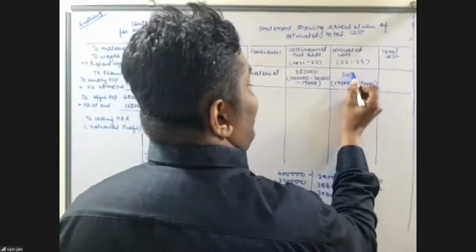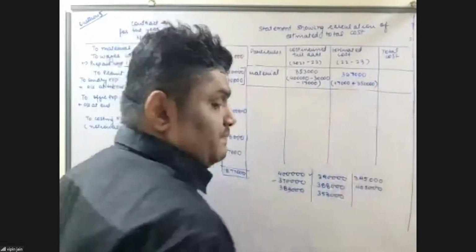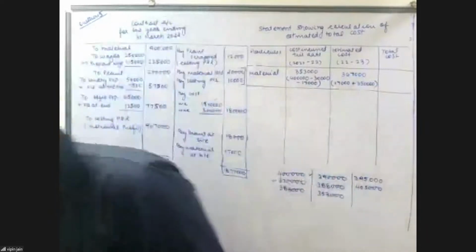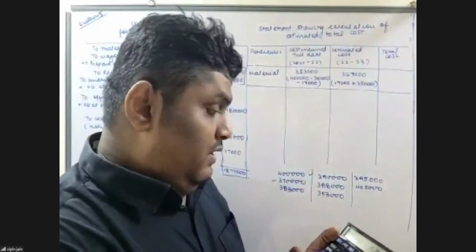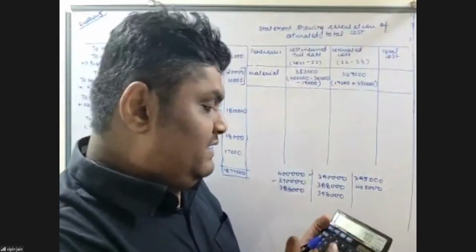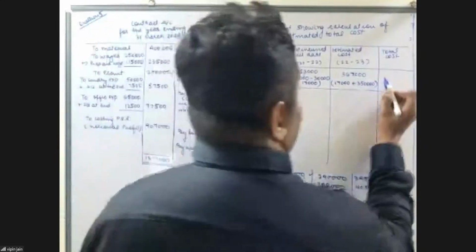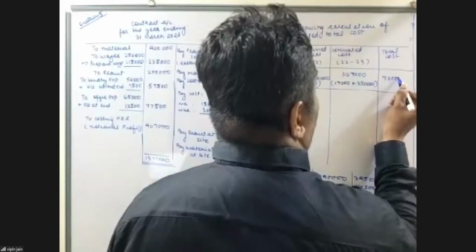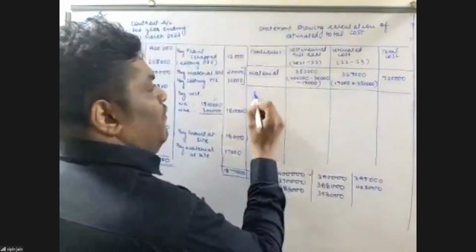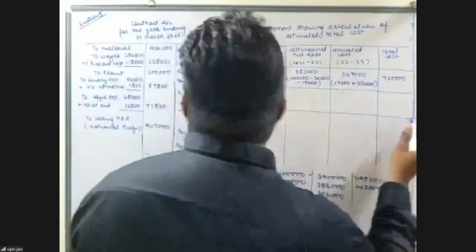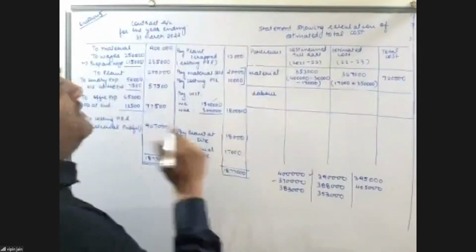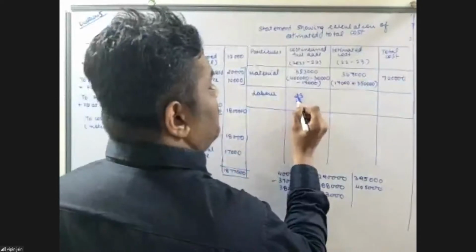So this will be 3,67,000. And the total cost of material will be 350 plus 367, that is 7,20,000. For labor, we have already calculated the labor cost, and that is 2,35,000.